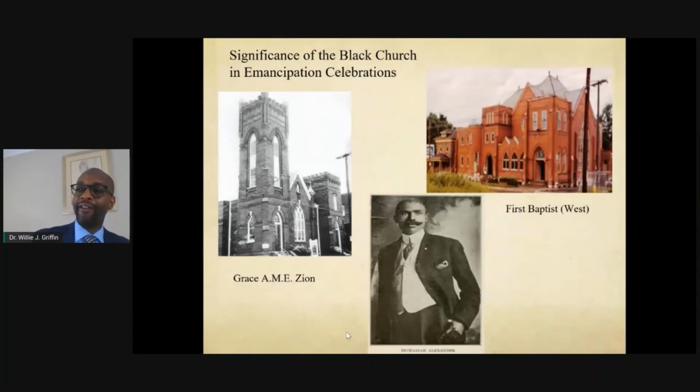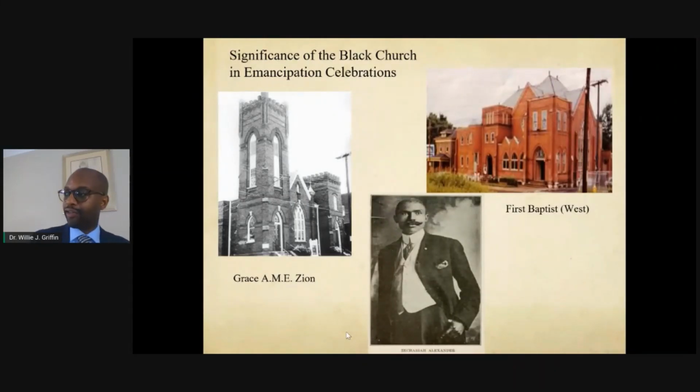And so many African Americans on the eve of the Emancipation Proclamation gathered waiting for this proclamation to be issued. And so even today, African Americans traditionally go to church as night watch for the new year, but most don't really talk about its connection to the Emancipation Proclamation.